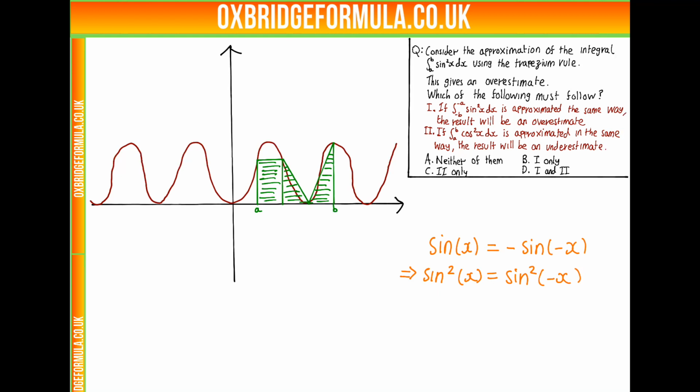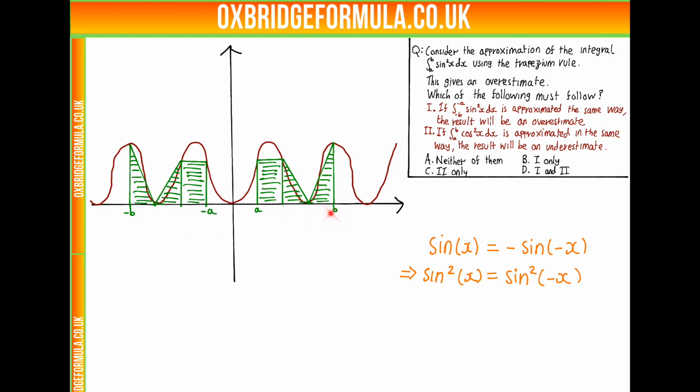So for 1, what are we looking at? Well, we're looking at the integral of this function, sine squared x, between minus b and minus a. And because this is even, the approximation is going to look something like this. If we take this trapezium rule approximation and flip it, so we've reflected it in the y-axis and moved it up here, we see that this is the trapezium rule approximation of the function between minus b and minus a.